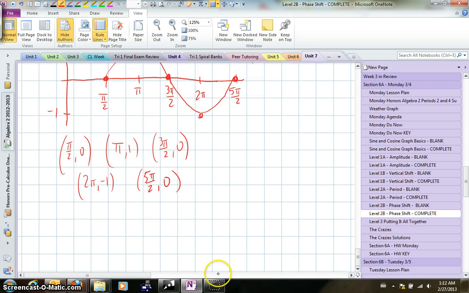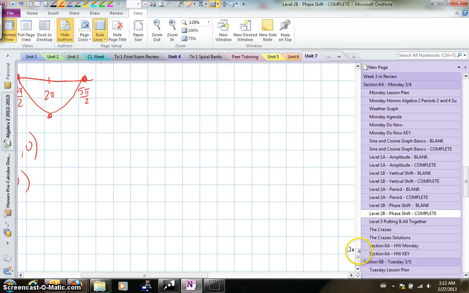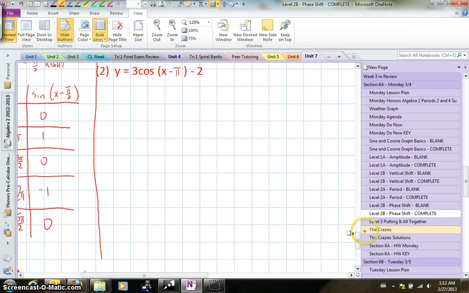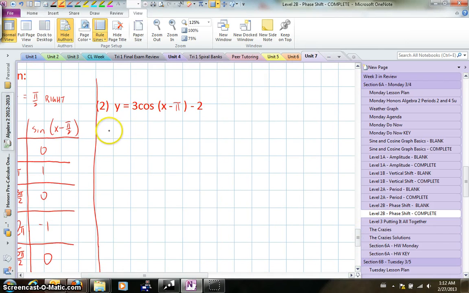All right, next example. So this time we're starting with cosine. And so our cosine points will be 0, pi over 2, pi, 3 pi over 2, and 2 pi. And with cosine it goes 1, 0, negative 1, 0, 1.